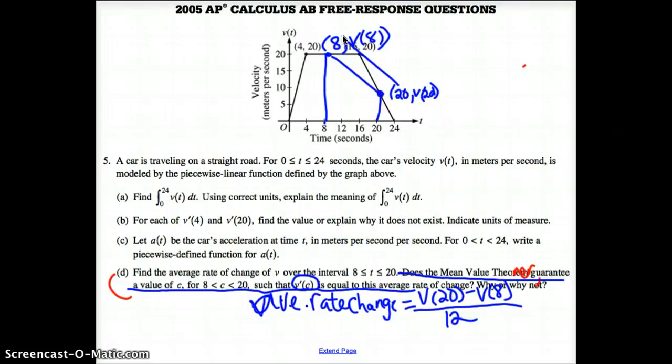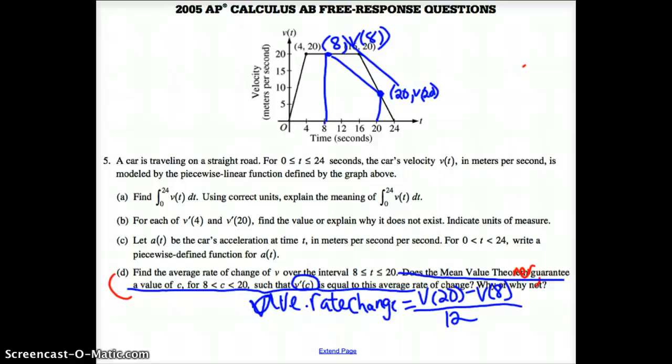Right there. Carrie, can you tell me why the answer is actually no? Do you remember the hypothesis for the mean value theorem? What had to happen? Continuous, which this one passes, and differentiable, exactly. And this isn't differentiable where? At 16, exactly.